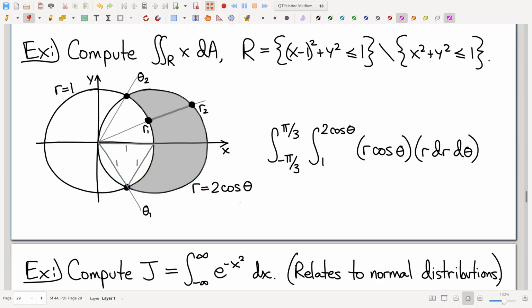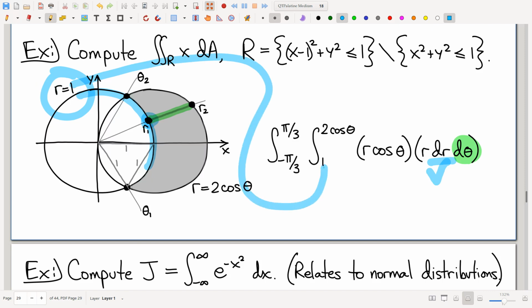Alrighty, let's see now, how do I find my R bounds? So as per usual, I'm going to fix an arbitrary theta slice. I'm going to notice that R starts at that point, which is on that curve, which has that equation in which I solve for R, and I get 1. Right? And then what is the upper bound for R? Well, the upper bound for R is going to be at that point, which is on that curve, which, okay, now we have a problem.